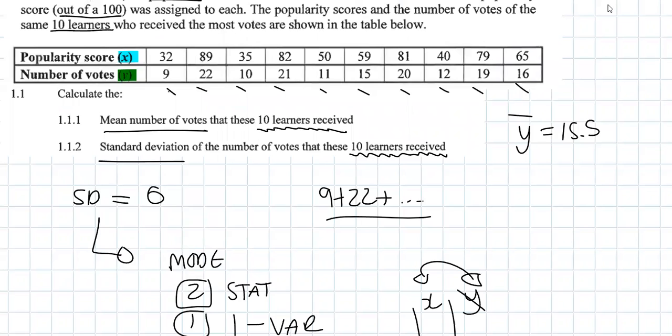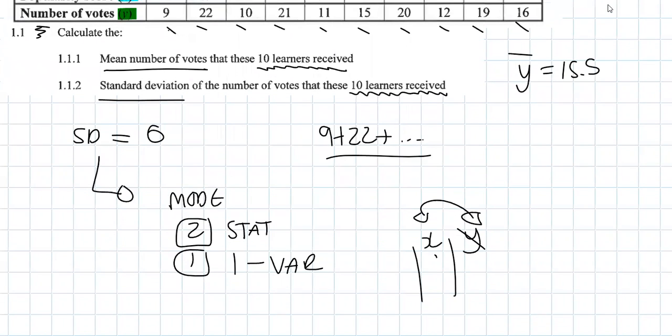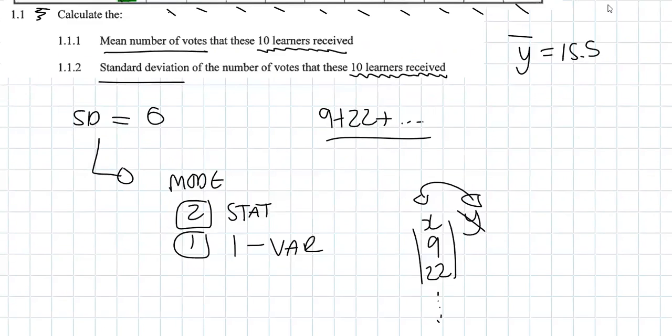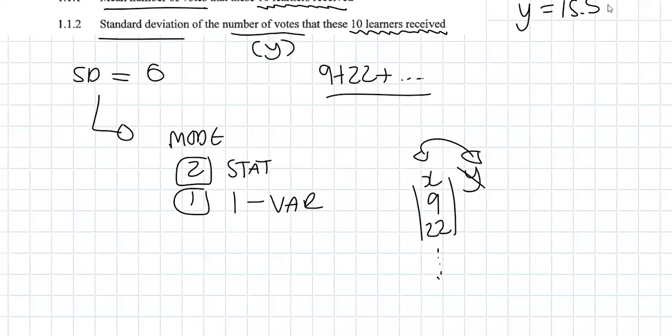They've only asked for number of votes. Press 1-var, that gives you 1 column, and you can input all your X values, 9 and 22, and so on. Just check that you are inputting the right things. The standard deviation is of the number of votes, which is Y. So that's correct. That's what we're doing: number of votes.